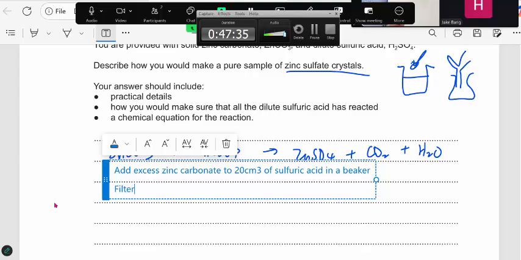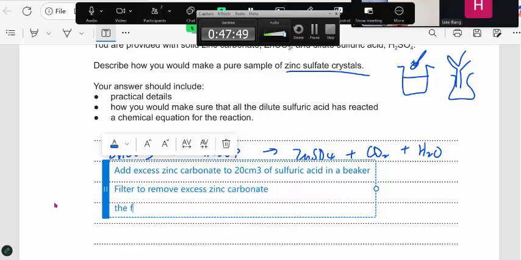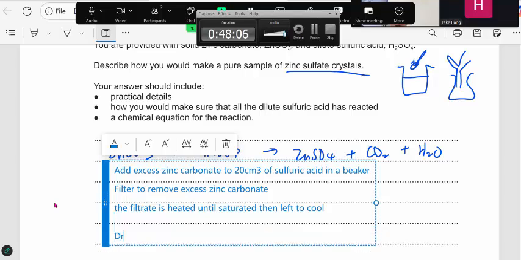Okay, filter to remove excess zinc carbonate. The filtrate is heated until saturated, then left to cool. Dry crystals between filter paper.